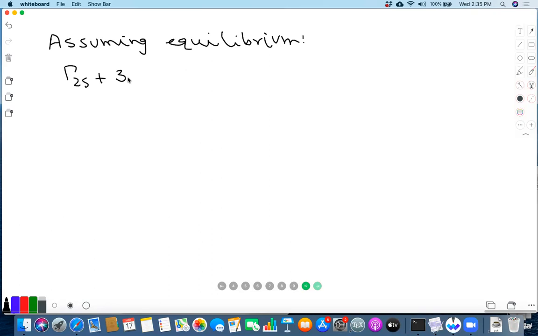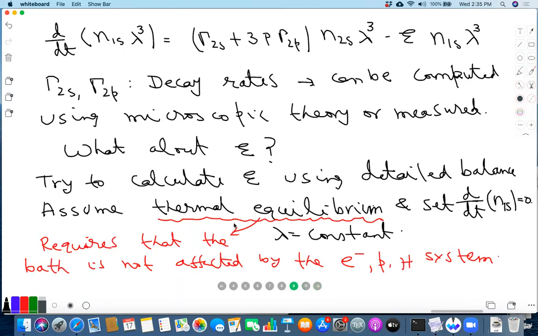So assuming equilibrium, we have gamma 2s plus 3 gamma 2p. In equilibrium, because we are assuming that the bath is not affected by the e-minus-p-plus system, the actual density of the e-minus-p-plus system is very low.